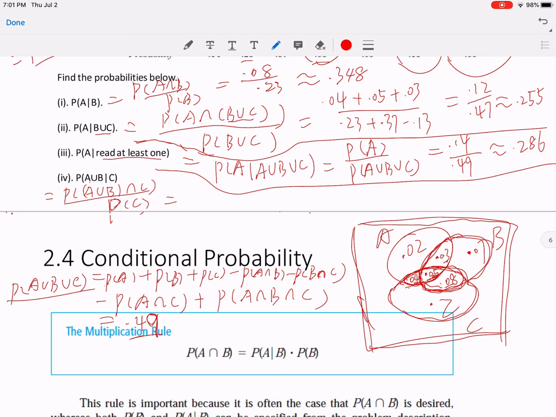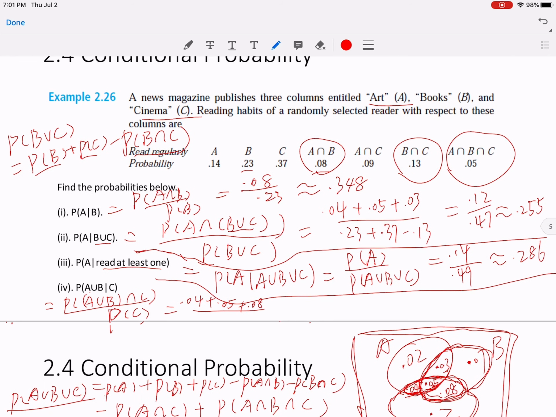So that would be 0.04 plus 0.05 plus 0.08, and then divided by the bottom probability of C, which is given up here, 0.37. If you type this in your calculator, this is approximately equal to 0.459.